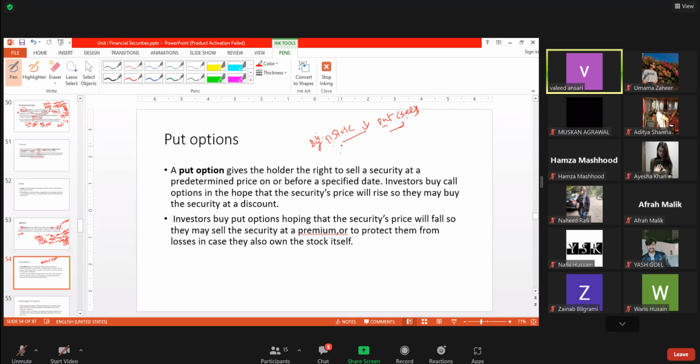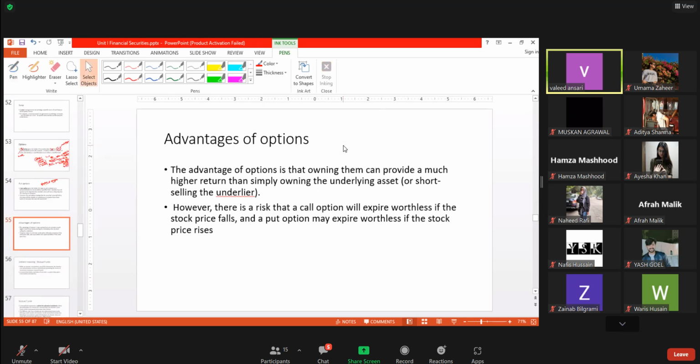So this is what we call call and put options. Naturally, options have various benefits. One can benefit not only by buying the underlying stock, but one can make huge profit also. But you know that it's very risky. It's a high risk and high return game.